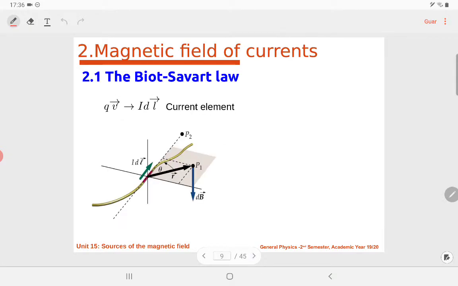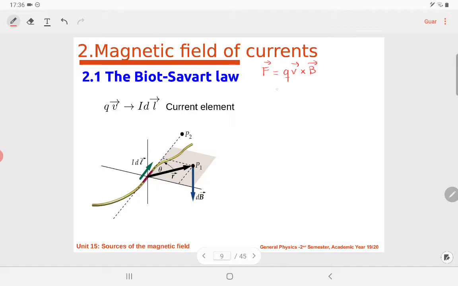So before beginning, I want you to remember in Unit 14 that when we were looking at the force exerted on a charge that was moving inside a magnetic field, this force was given by the magnitude of the charge times the cross product between the velocity of the charge and the magnetic field.